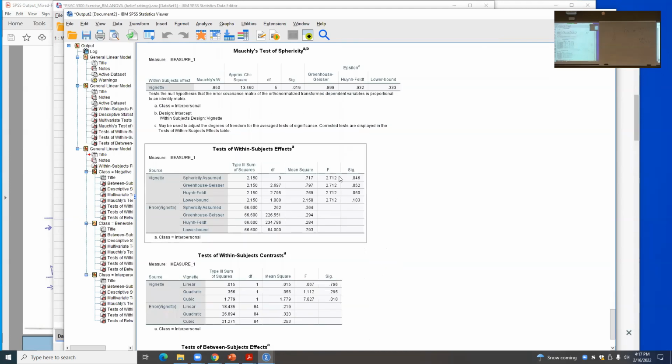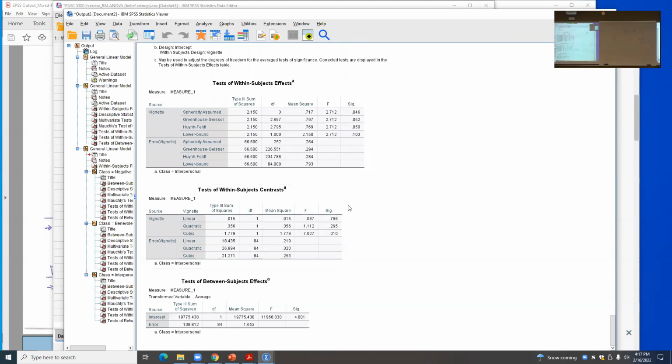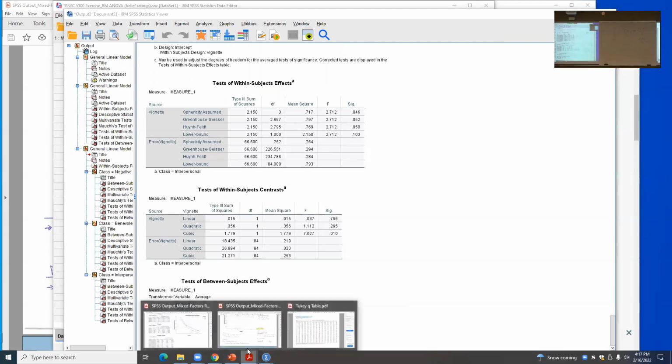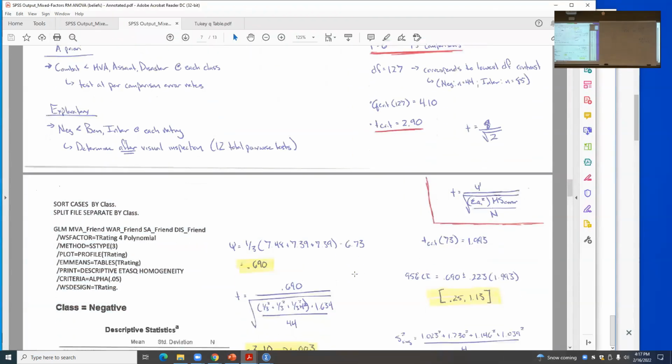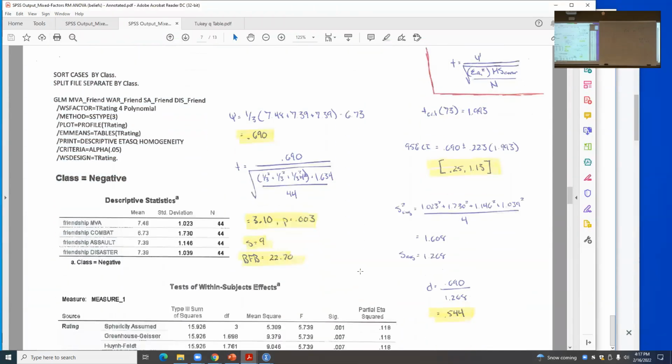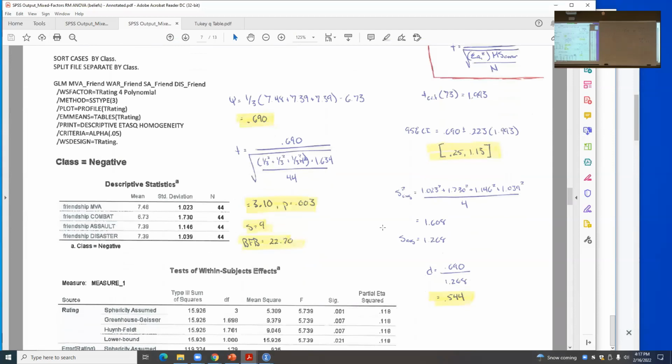It's kind of weak here, okay? But this isn't why I'm doing this. What I know is that I have differences in my repeated pattern across my different groups. And so I'm going to go through and look at each one of these and start cranking out my planned contrasts.